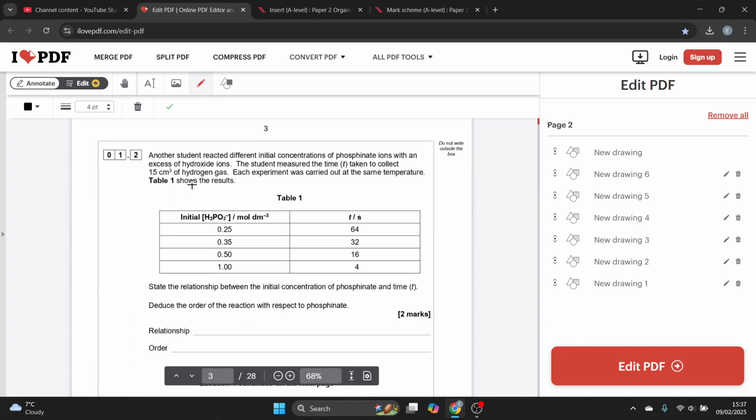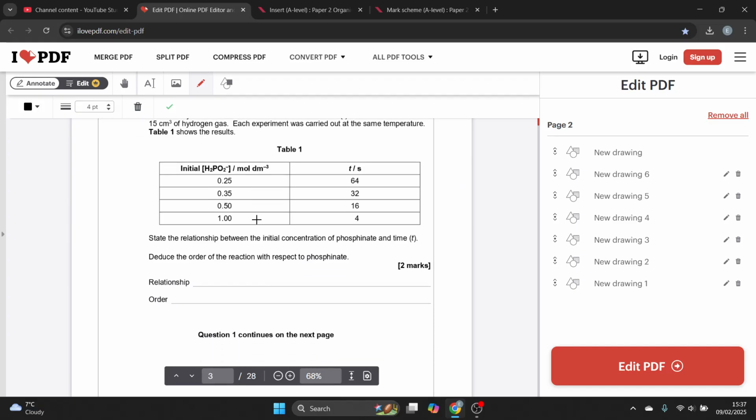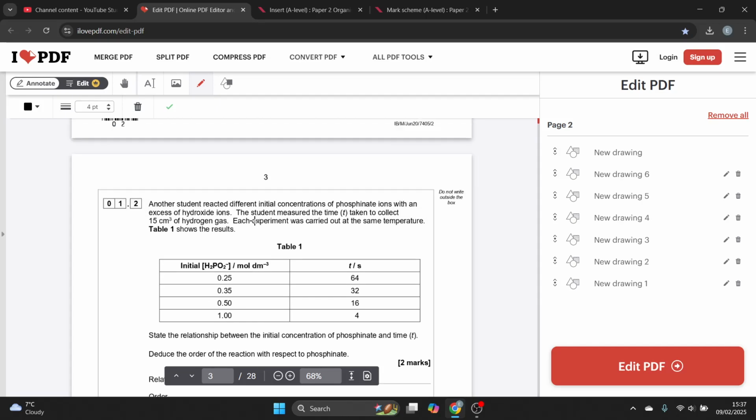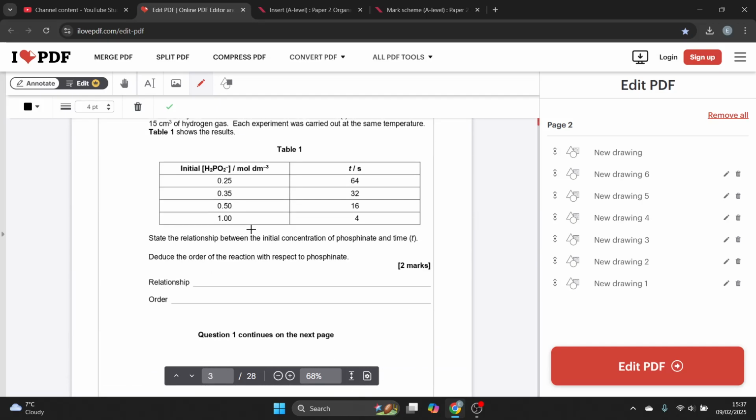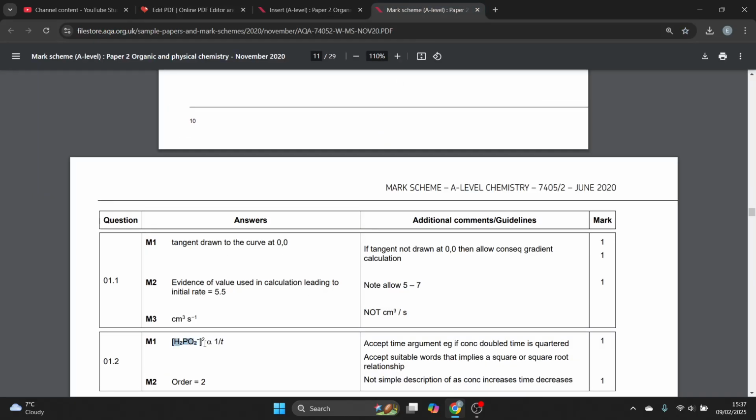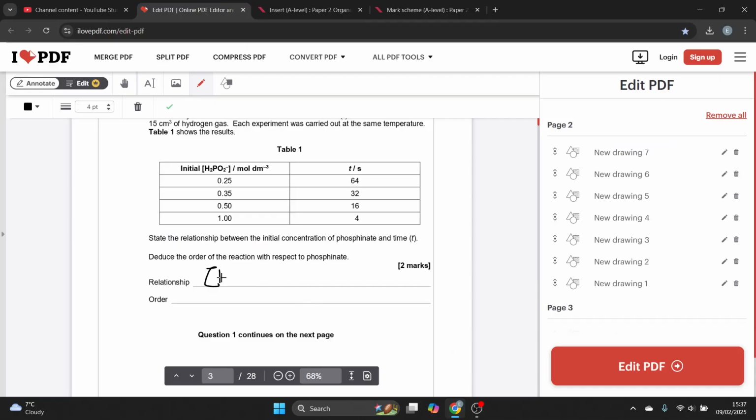Anyway, let's carry on. Question 1.2, state the relationship between the initial concentration of phosphonate ions and T. I can see that it's proportional. So H2PO2 minus squared is proportional to 1 over T. The order is obviously going to be 2.